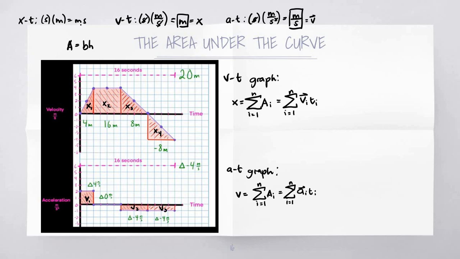Alright, so now, the question lies with this one. These are basic graphs, right? What if our graph now looks like this one? So how do we solve for the total area under the curve of that type of graph? Let's try to use the technique that we did with this one.